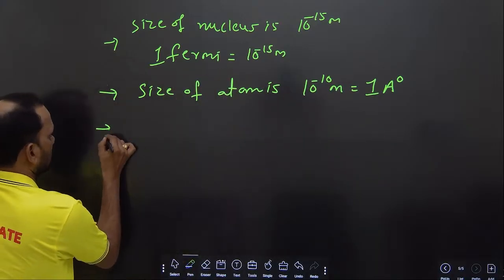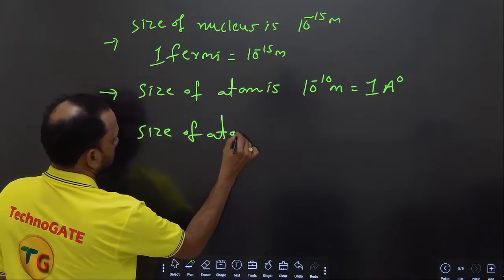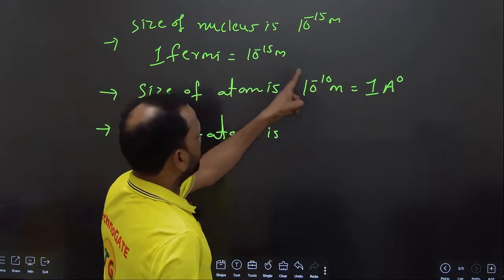Then, the size of the atom is how many times more? Here it is 10 power minus 15 and 10 power minus 10.